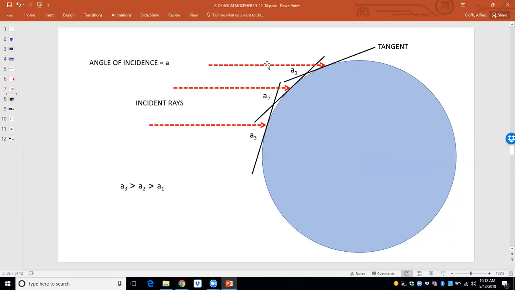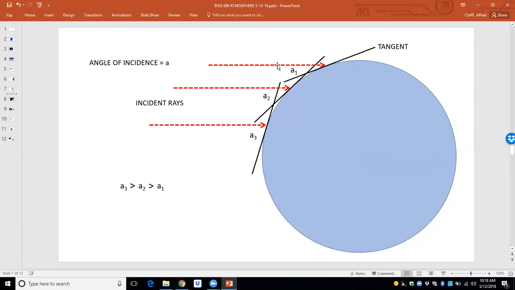All right, now we have a little bit of geometry. You have the rays coming in parallel, hitting a curved surface, right? And the angle at which it would hit a tangent on that point where it's touching is called the angle of incidence. That's the angle of incidence, illustrated here in the lowercase letter a.